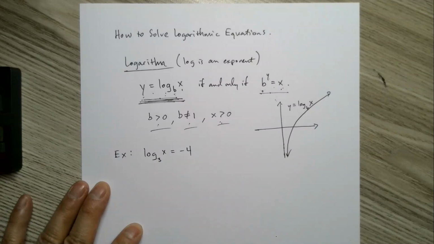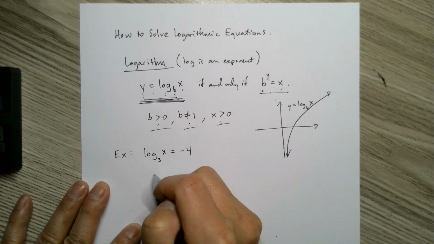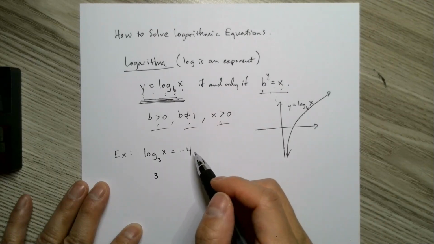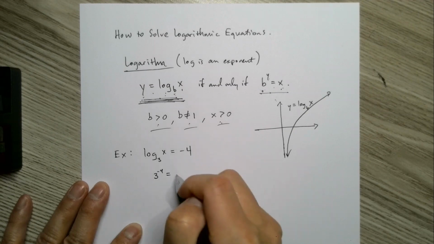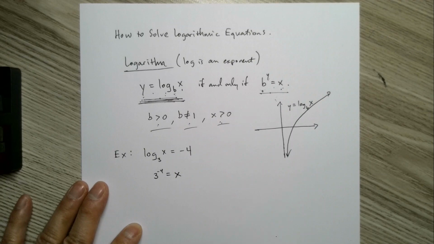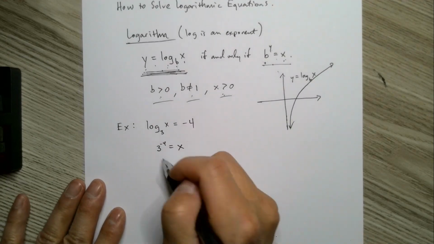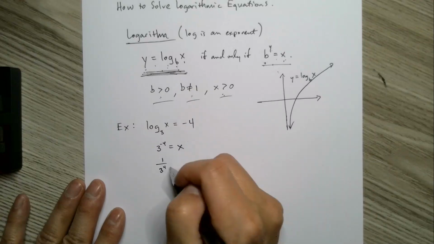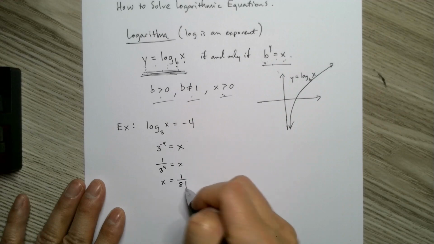So we are saying through this equation that 3 raised to the y power, so negative 4 power, is x. 3 to the negative 4 is 1 over 3 to the 4th. So x is 1 over 81.